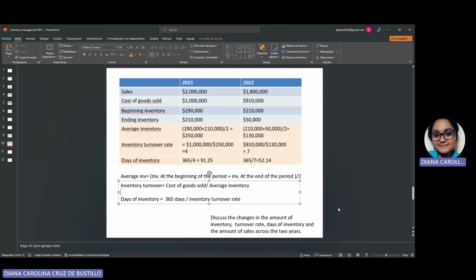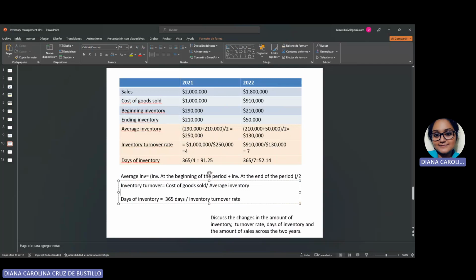Okay. Now, when it comes to sales, you see that there's also a slight reduction of sales, almost by 200,000. Yeah, $200,000 difference. And that might be a result of having lower amounts of inventory, because in just in time you don't order anything else than what the customer has already confirmed they want.